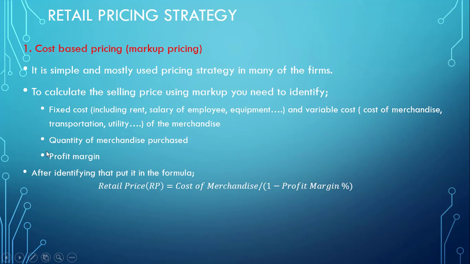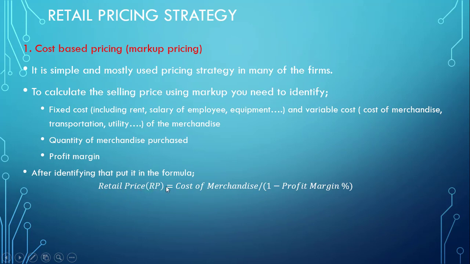The third is profit margin. How much profit do you wish to get by selling that specific product? After identifying these three basic things, this is the formula that you are going to use.